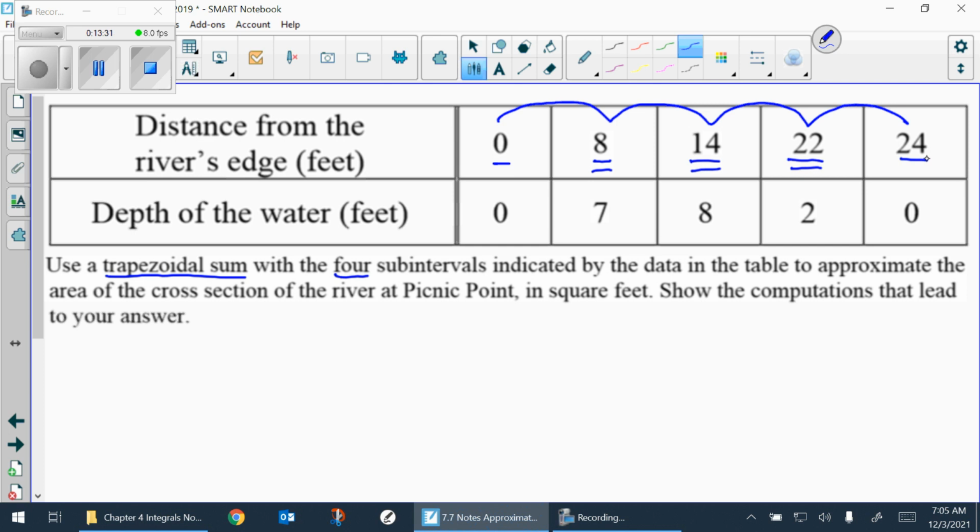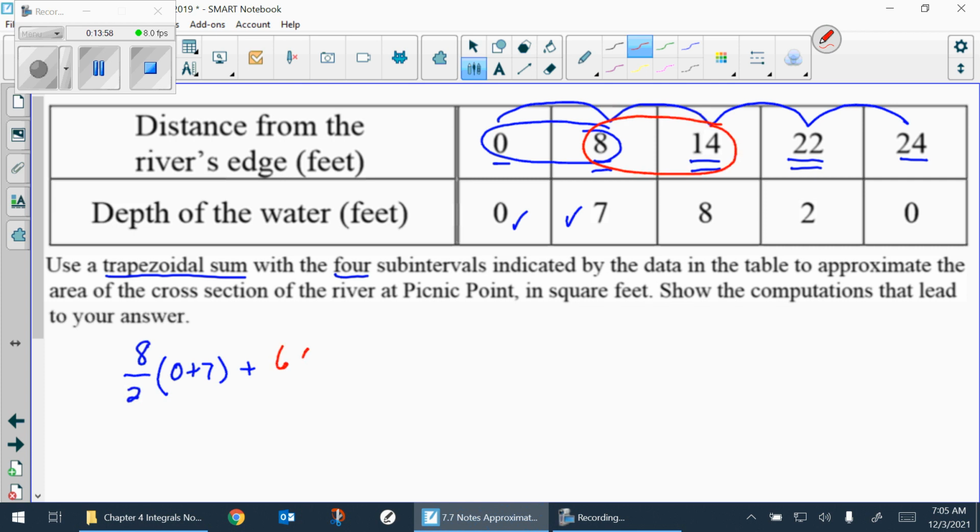We got to find the areas of 4 individual trapezoids. So we got to take a change in x divided by 2, height 1 plus height 2. Our second trapezoid, change in x is 6. Height 1 plus height 2.